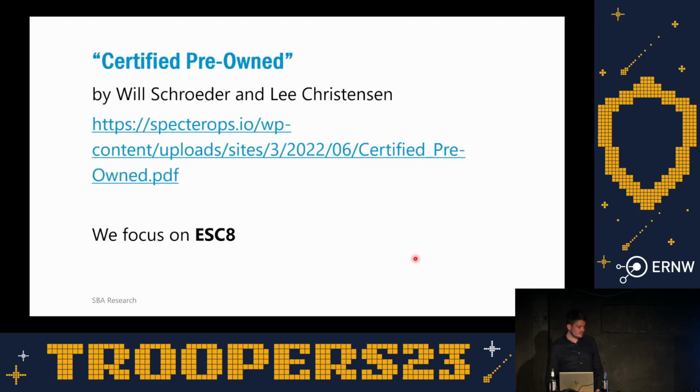So let's start with the first one, ADCS, Active Directory Certificate Services. There is a great paper by Will Schroeder and Lee Christensen, which is called Certified Pre-Owned. It came out in 2021. And basically there in 150 pages, they describe how this Active Directory Certificate Service works.